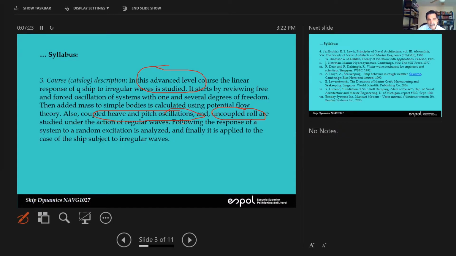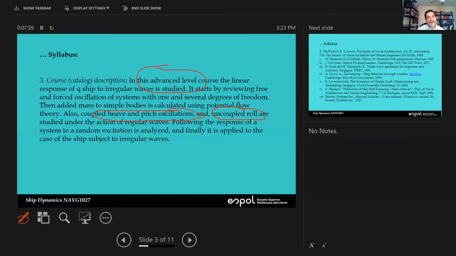Then in the next part, we study the response of a system, in general, a general system, to random excitation, okay? In this chapter, we will be defining, for example, the spectrum. What is a spectrum? Well, we will define it. And if we know the spectrum of the excitation, okay, we can calculate the spectrum of the response. That's something that we need.